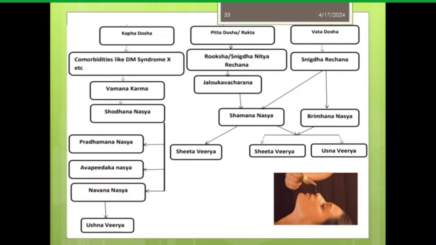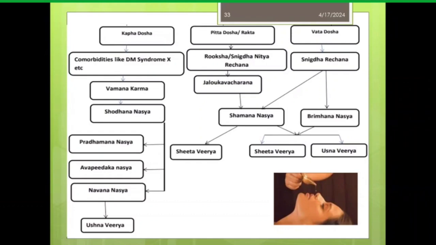Otherwise, there is a possibility of Sama Lakshana, and the involvement of Ama is also to be understood very clearly. In that condition, if the signs and symptoms related to Sarvadahika are there, then Vamana Karma is the first and foremost choice. That is what the Shastra talks about.